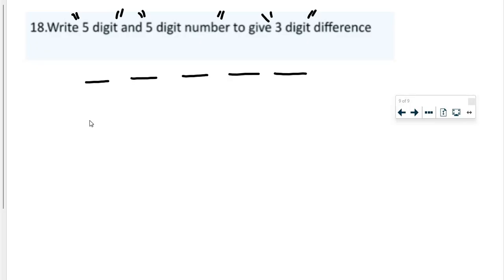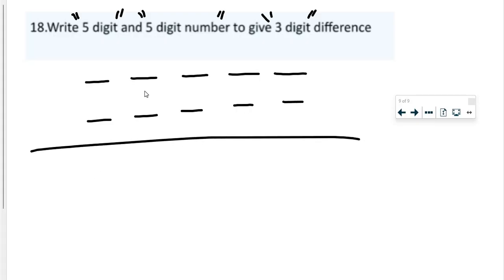Okay, we need to get another 5 spaces. Then, when we find the difference, it means minus. You have to minus. You must end up getting the answer which has 3 digits. That is what the question is trying to say.